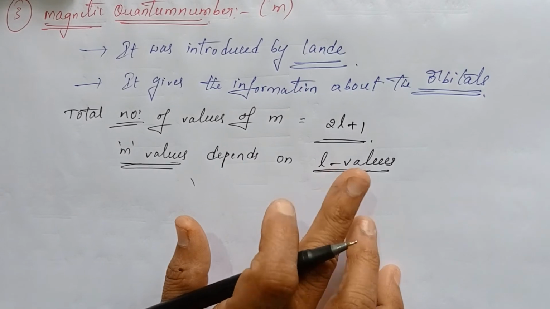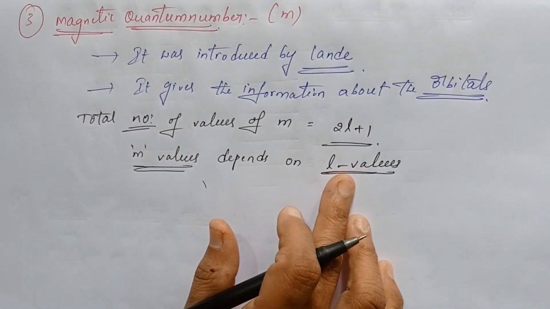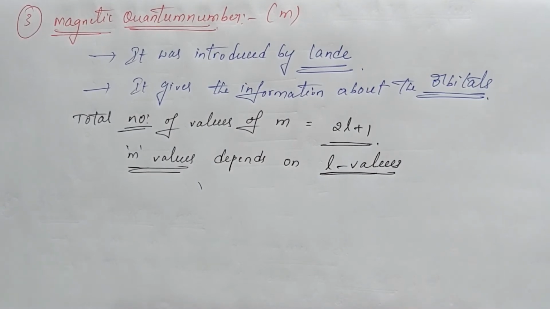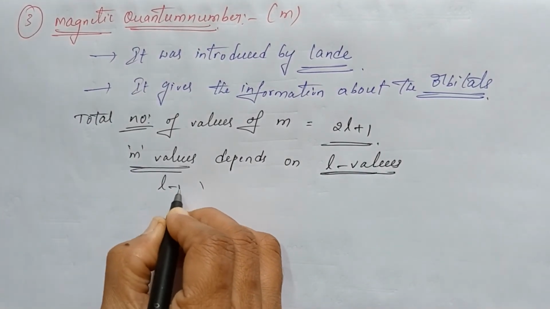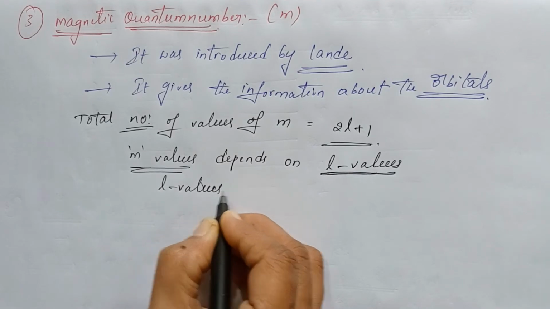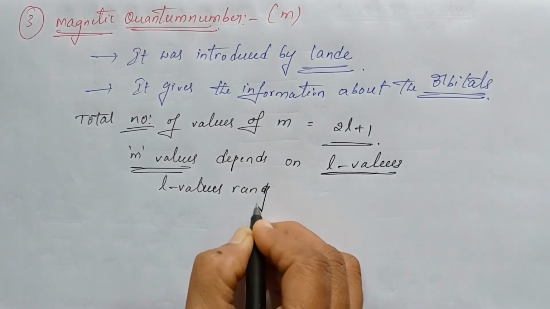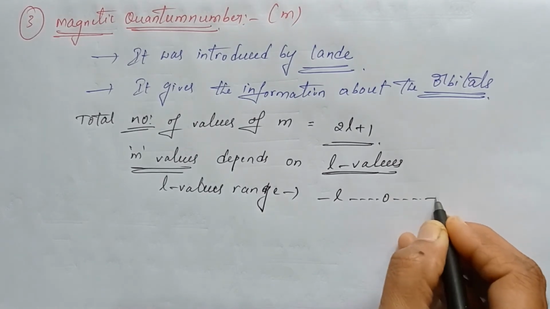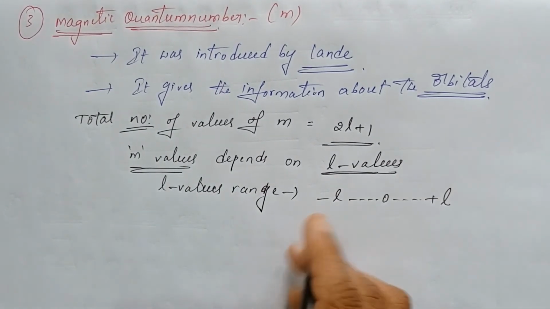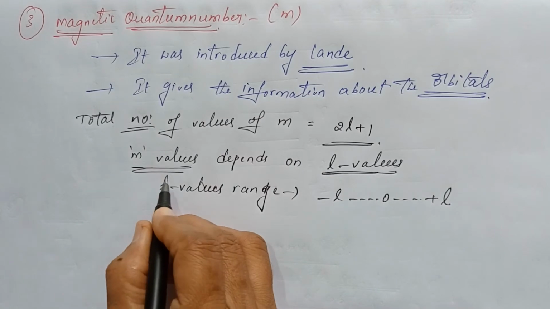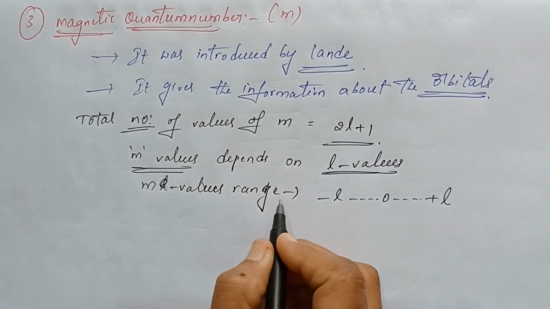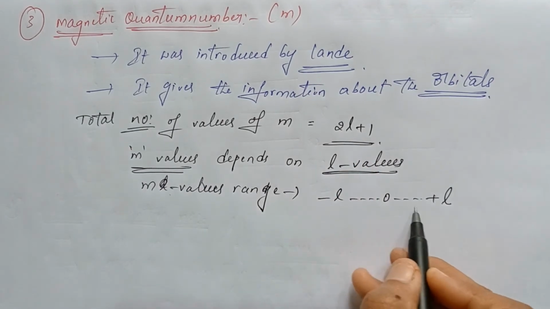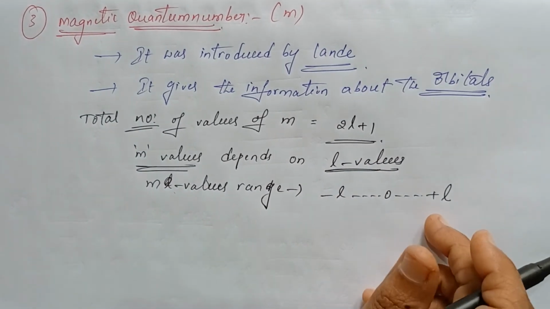So its range, if you take the l values range, is minus l and so on, 0, and so on, plus l. So the m values range is how much, students? m values depend on l values, so minus l to plus l, students. Minus l to plus l.